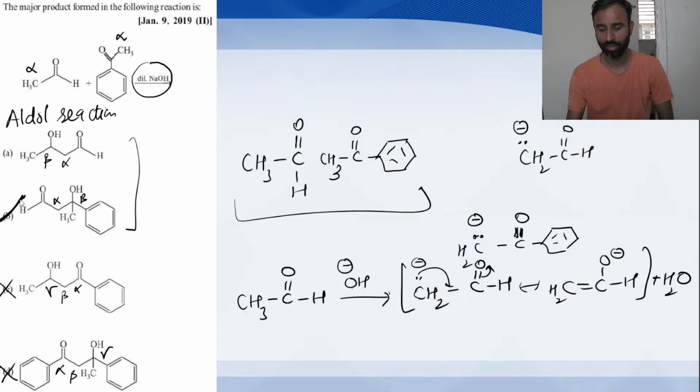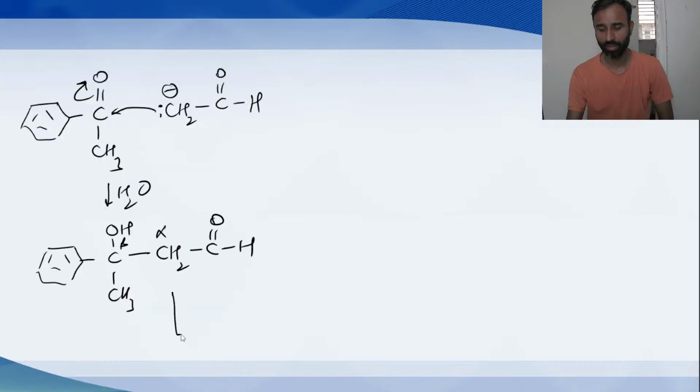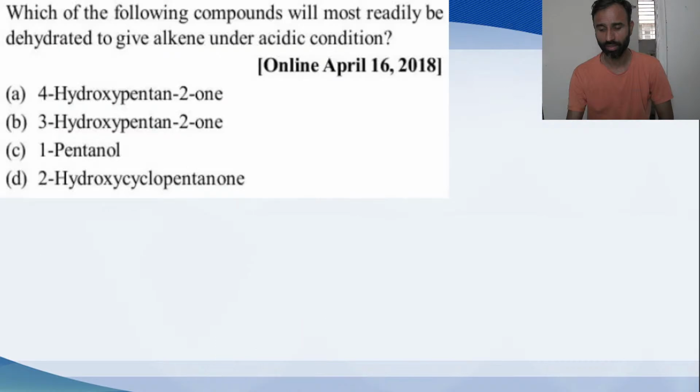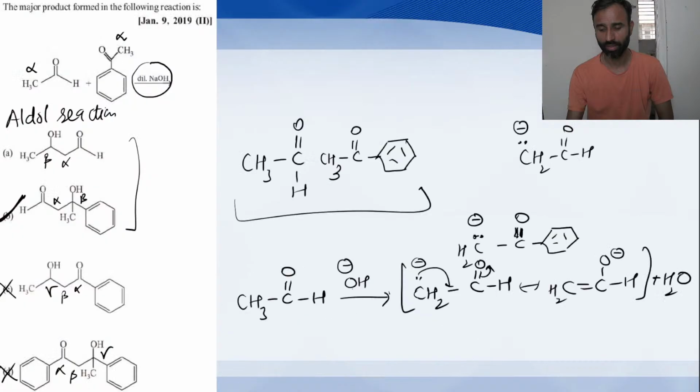Because in this case, when we heat it, what is the product formed? CH3 =CH, C=O H. See, it is a completely conjugated system. So overall, B is the right option.